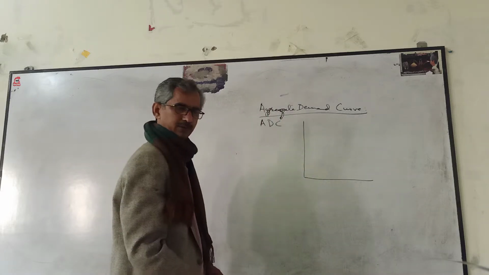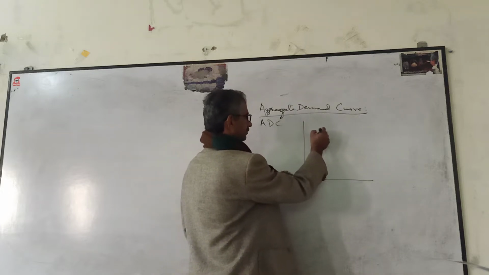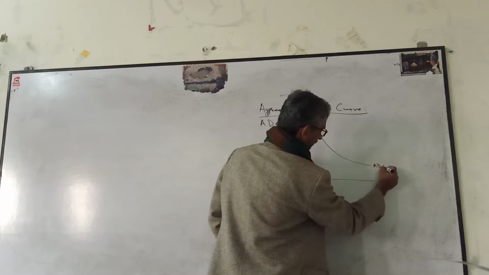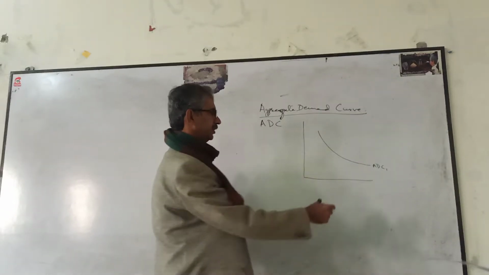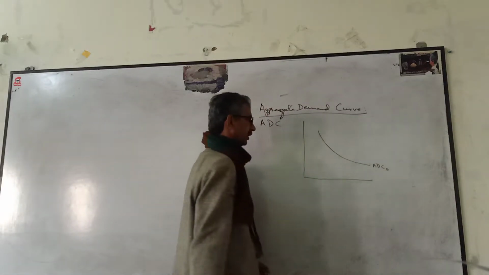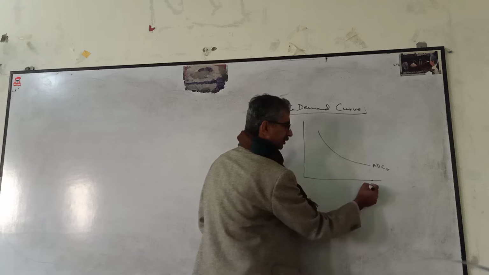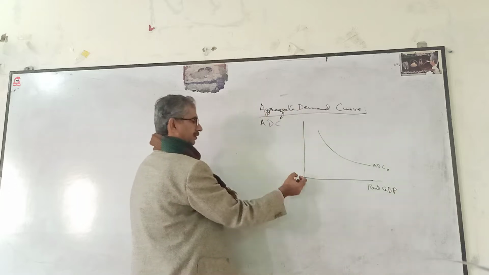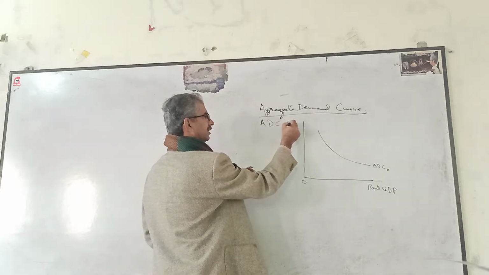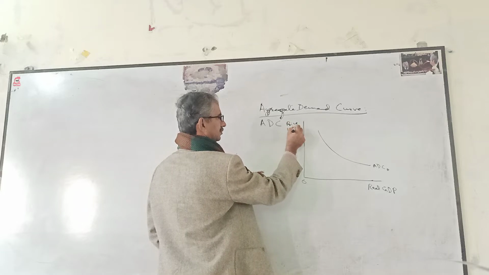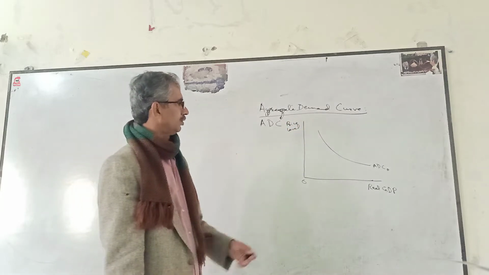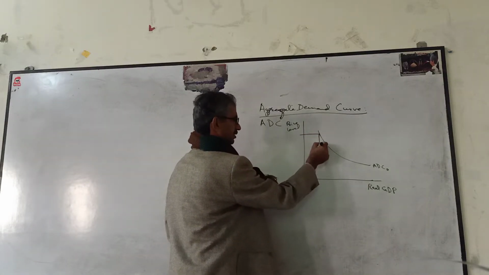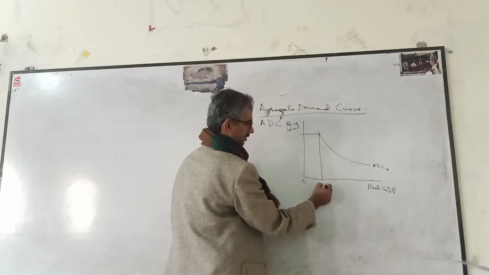Suppose this is aggregate demand curve 1, and this one is aggregate demand curve 0, the original aggregate demand. Horizontally, we write the real GDP, and vertically we have the price level.